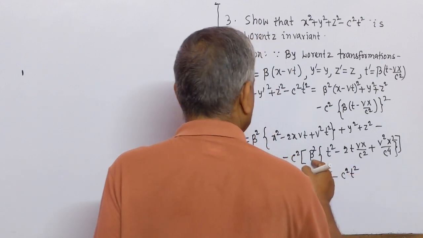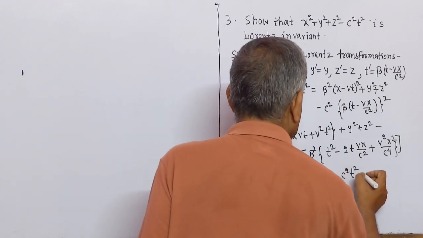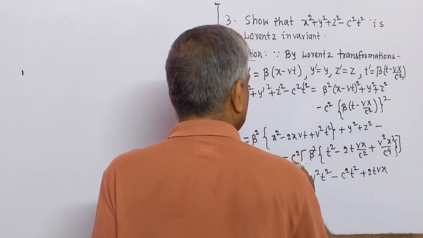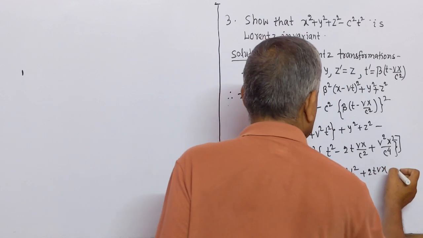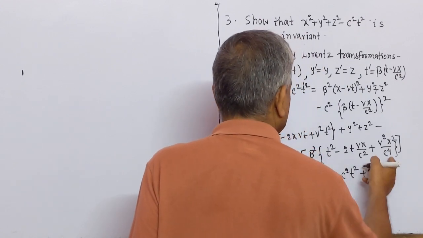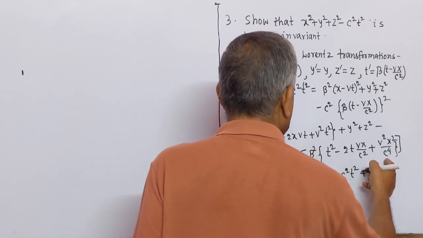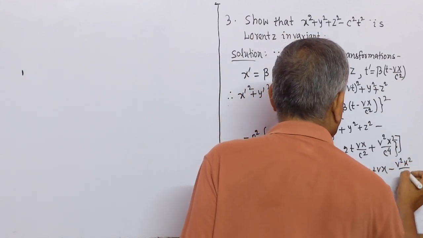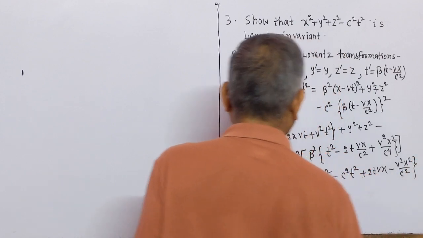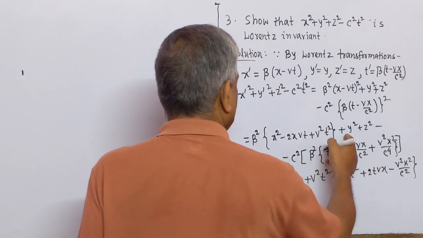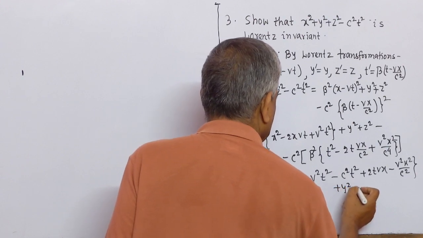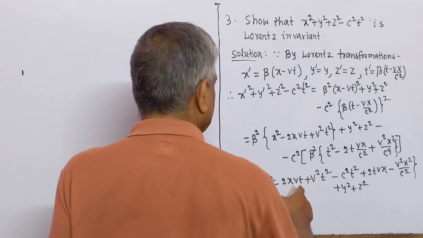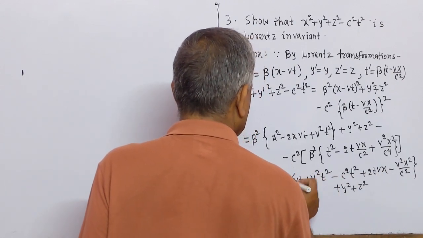We have taken beta common, minus minus plus 2t vx, c square cancels, here minus c square over c to the power 4, here remains c square, v square x square by c square, and here y square plus z square, here minus 2x vt and 2t vx cancel.